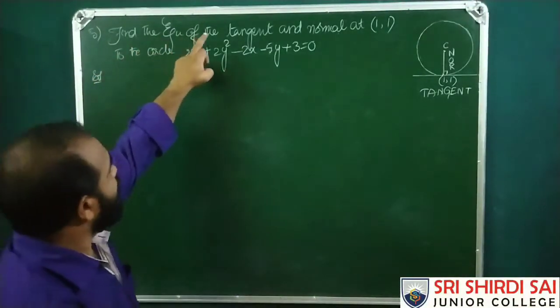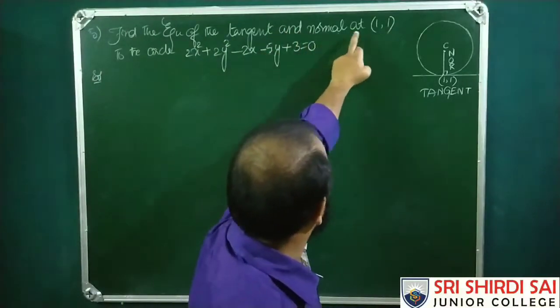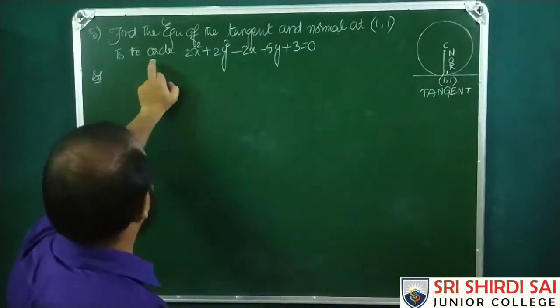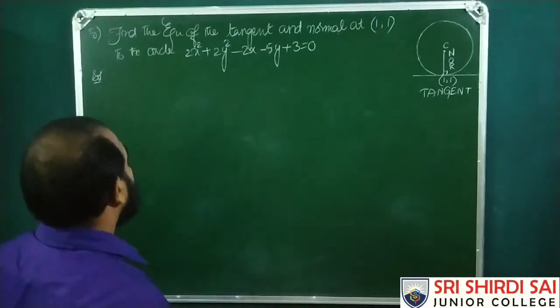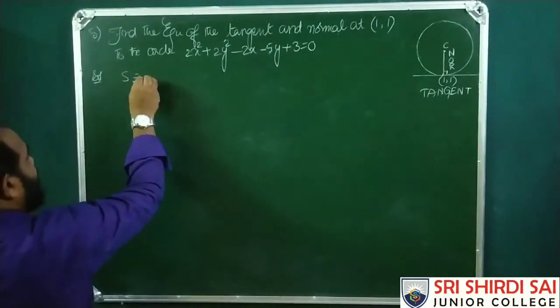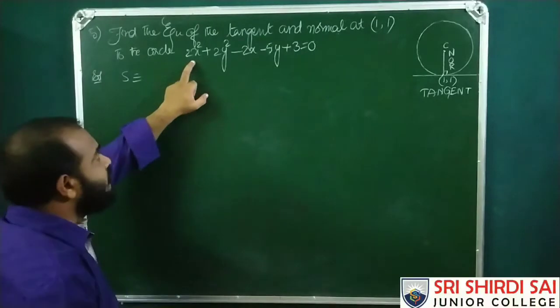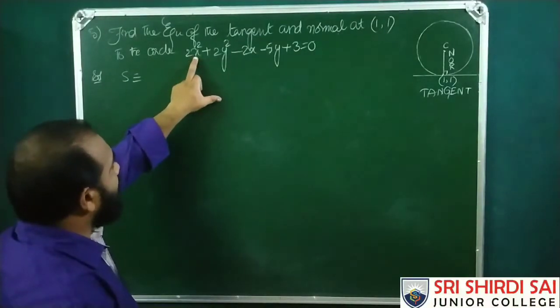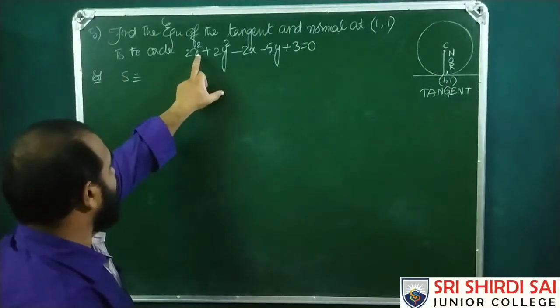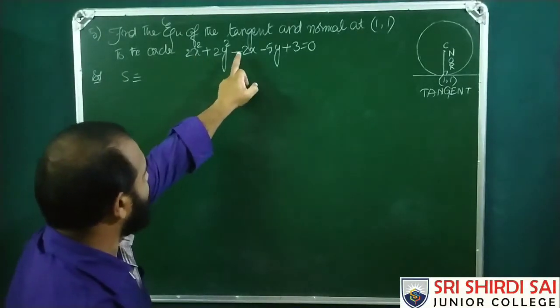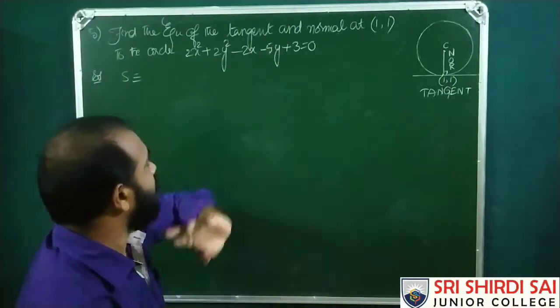Find the equation of the tangent and normal at (1, 1) to the circle 2x square plus 2y square minus 2x minus 5y plus 3 equals 0. This is given. So first let us convert this into the general equation of a circle. The general equation of a circle is x square plus y square plus 2gx plus 2fy plus c equals 0.